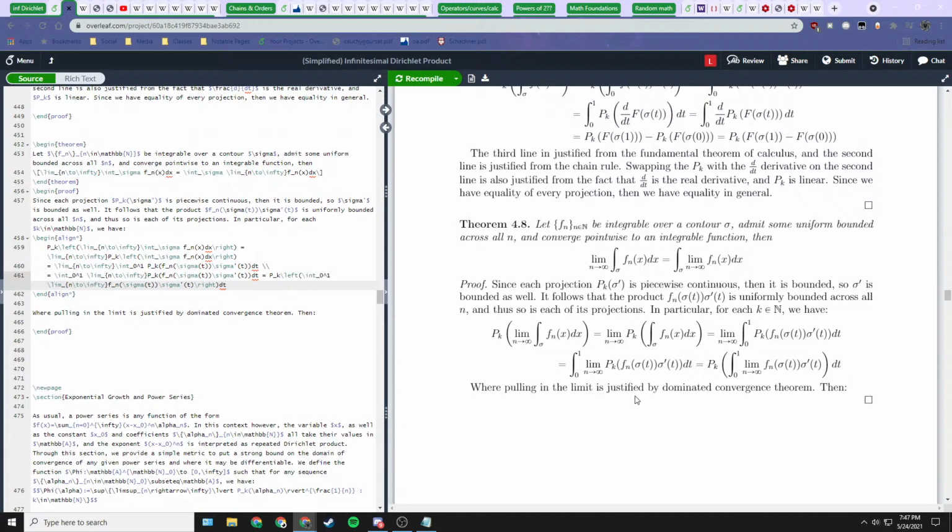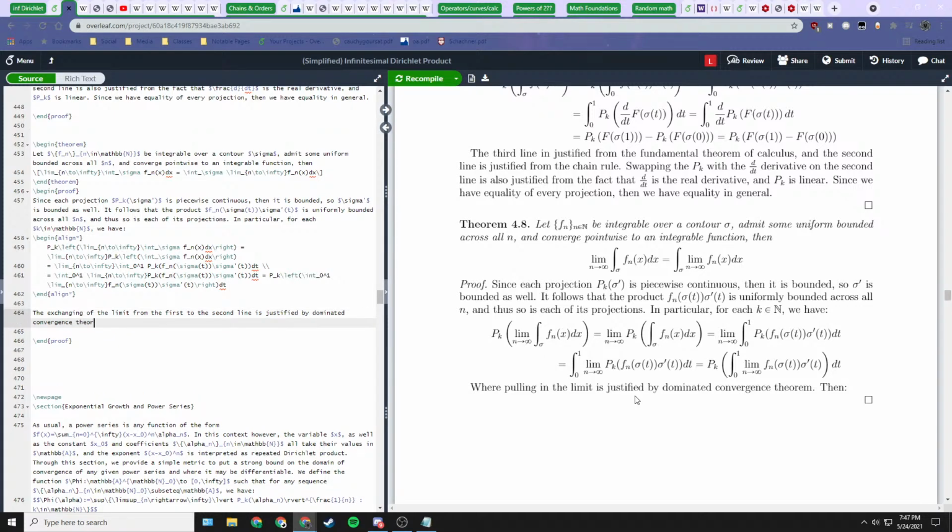Nice, okay, so the exchanging of the limit is justified by the dominated convergence theorem.